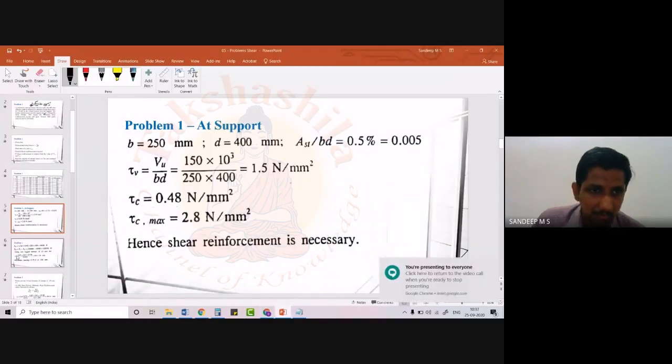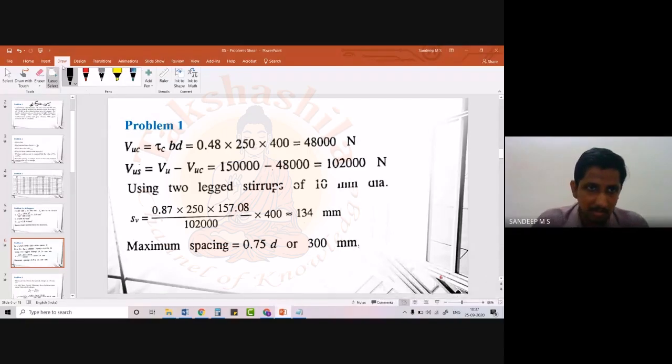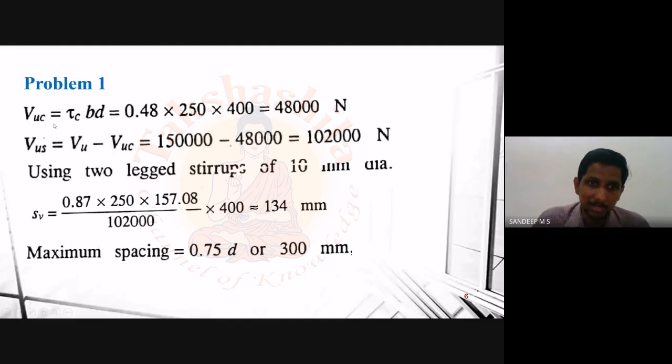If someone is having confusion, let's quickly go through this procedure, which is shown in the slides. Basically, we have to calculate the value of VUC, that is the shear force that will be resisted by my concrete section, which can be calculated by tau_c times b d, and this value is obtained as 48,000 newtons.